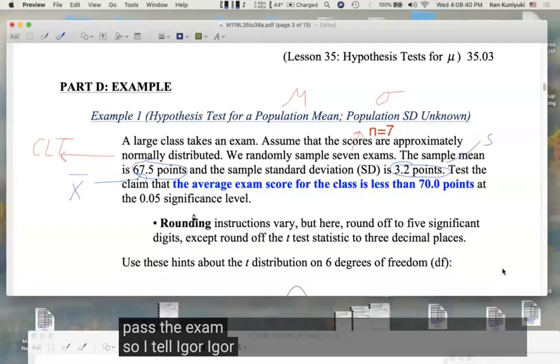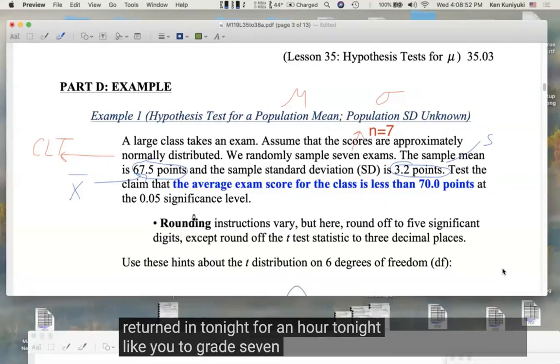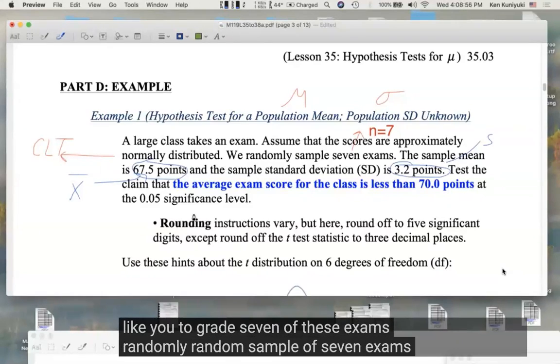So I tell Igor, I'd like for you to grade some exams. After the exams are turned in tonight, for an hour tonight, I'd like you to grade 7 of these exams randomly, random sample of 7 exams.